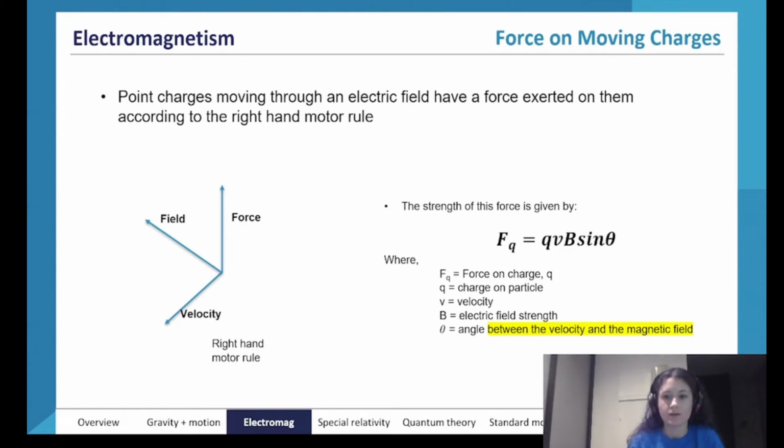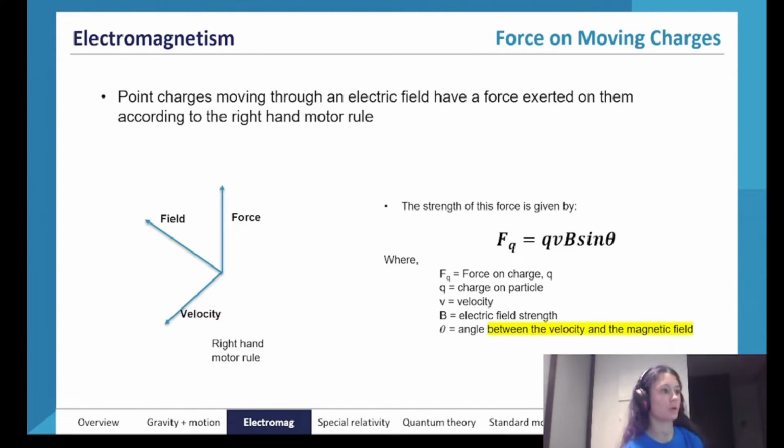Okay, now getting on to moving charges, or our magnetic fields. So, as I said before, electrostatics concerns charges which exert forces on one another due to their electric fields.